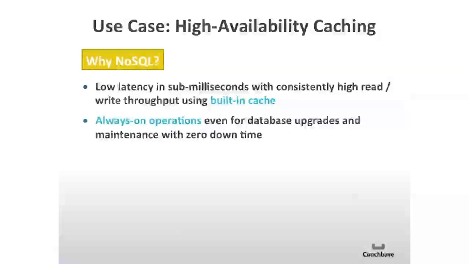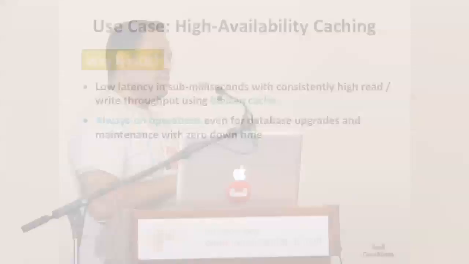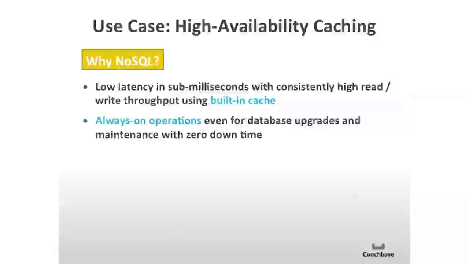As soon as the data comes into one of the servers, we push it out to the other servers, so that if this server goes down, we have the data backed up somewhere else. That's all possible with the always-on feature. Also, all our operations, like rebalance and compaction, are online, so your application will never see downtime. These operational maintenance operations are taken care of as background online operations.